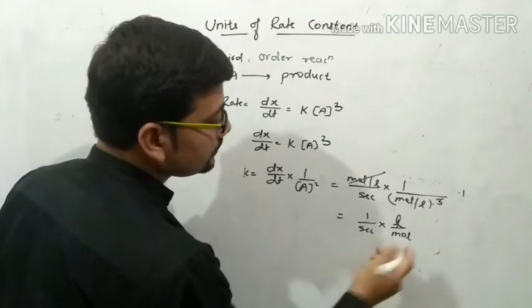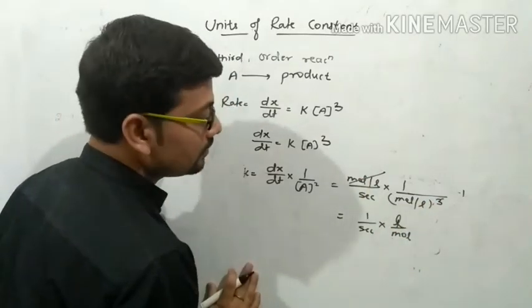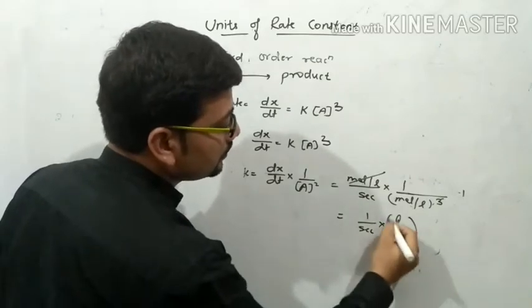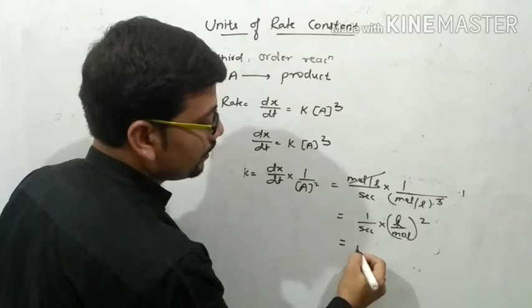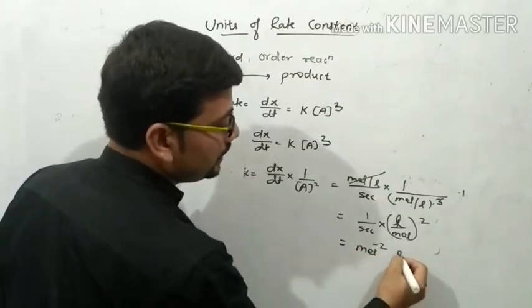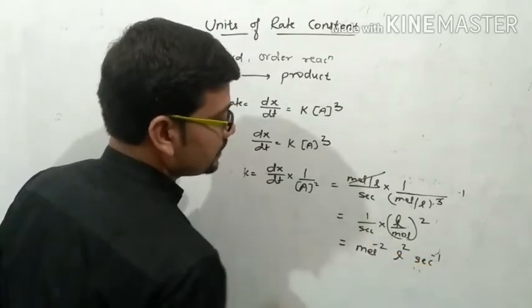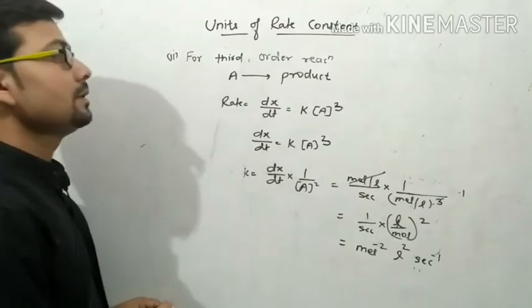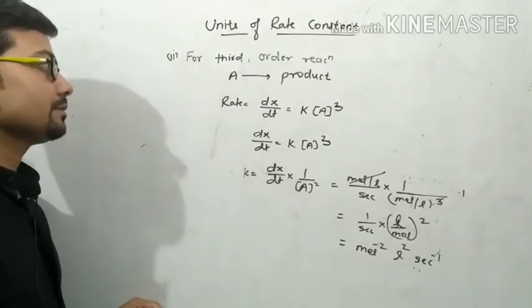Then one term is cancelled out, so we get mole per liter square, right? So mole minus 2, liter 2, second inverse. So this is the unit of rate constant for the third order reaction.